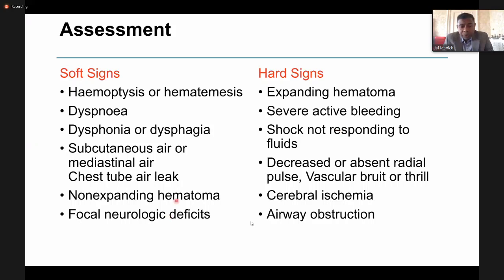A hematoma is okay, but if it is an expanding hematoma, which is not at all okay, he's going to die. There is active bleeding from the major blood vessels, which needs to be controlled, and the shock clearly not responding to the fluids. These are all the hard signs, which clearly indicate these patients need to go to theater immediately.